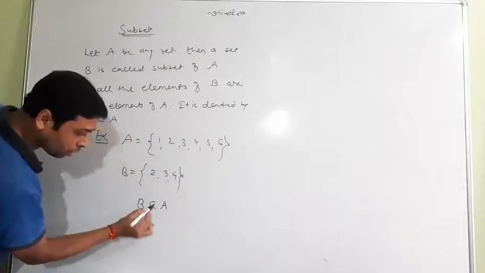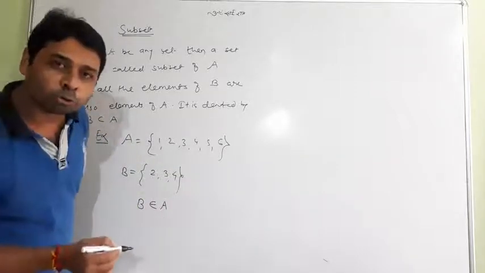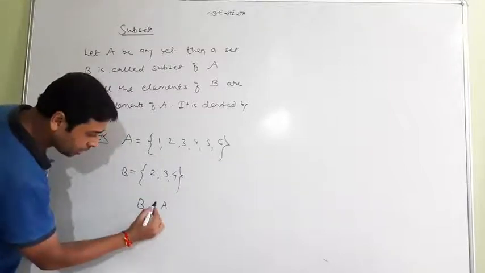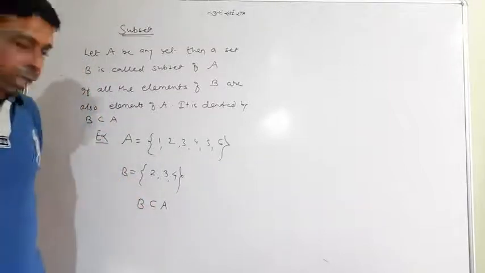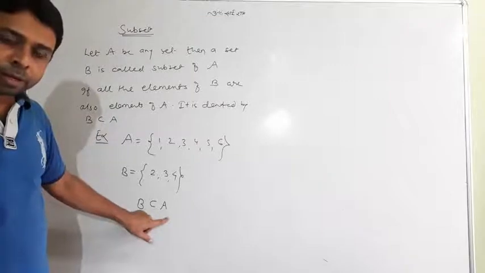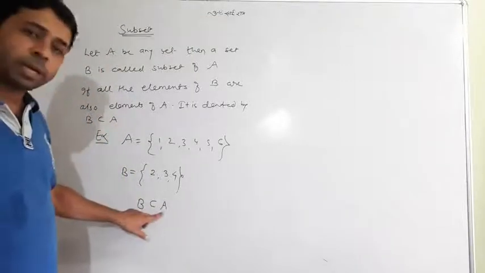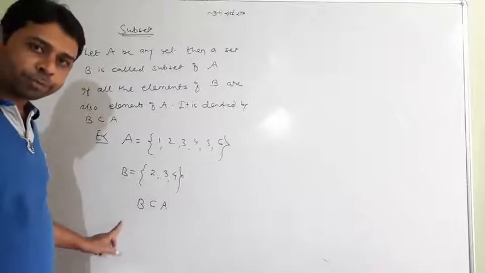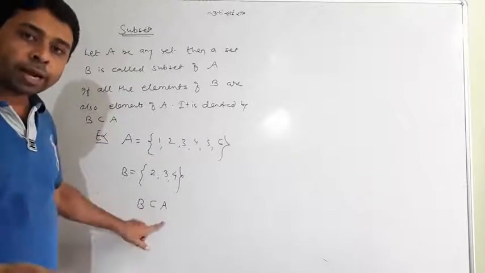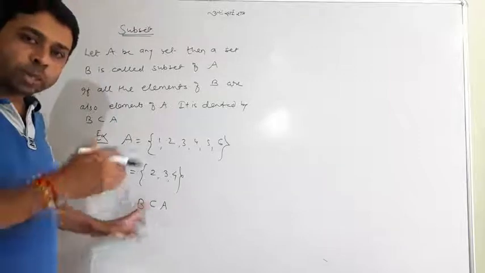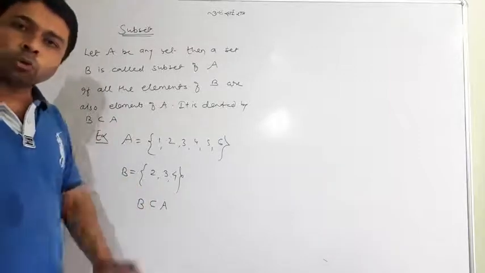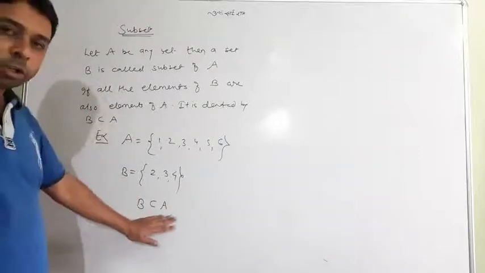Don't use a line here, otherwise it means belongs to. This is the subset sign, B subset A. And I again say, which is not mentioned in your book, that B is a subset of A and A is a superset of B. The second sentence is not mentioned in the book, no matter. You should remember B is a subset of A.